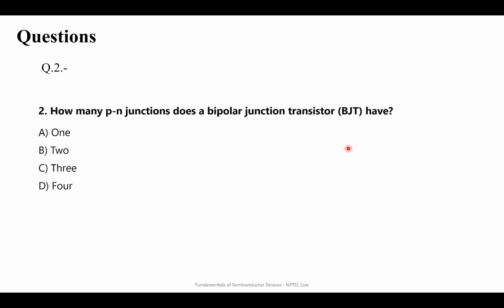Sir, NPN, PNP. Yeah, so the answer would be 2. If you see NPN, there is an NP and a PN, so it has two junctions. Similarly, PNP has a PN and an NP. So a BJT has two PN junctions.